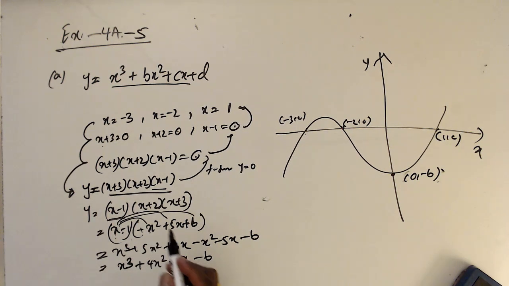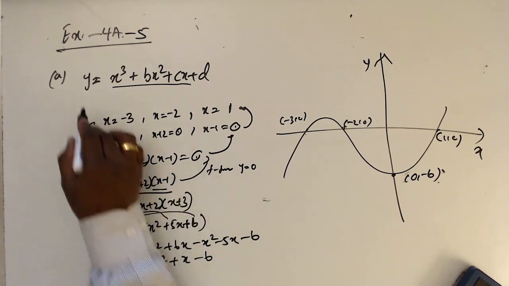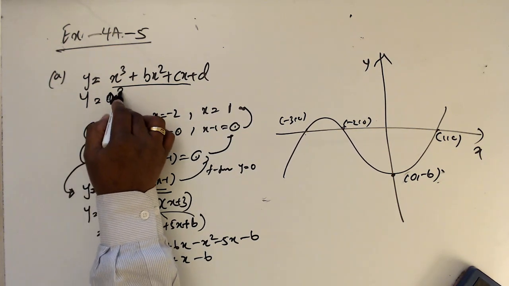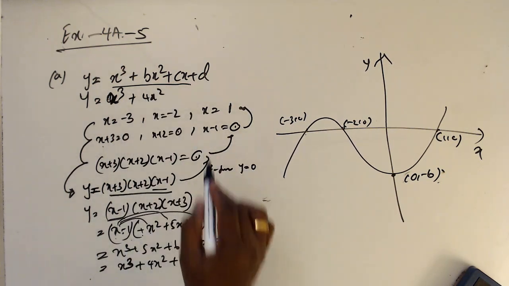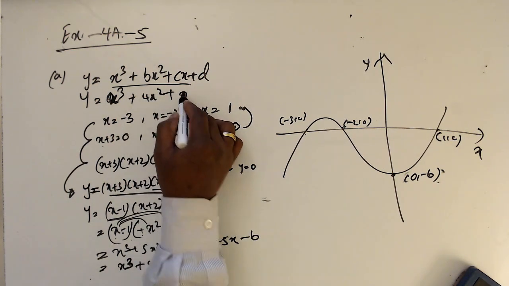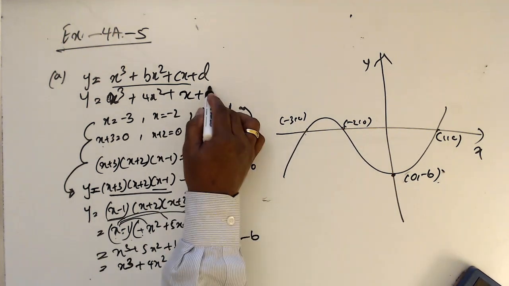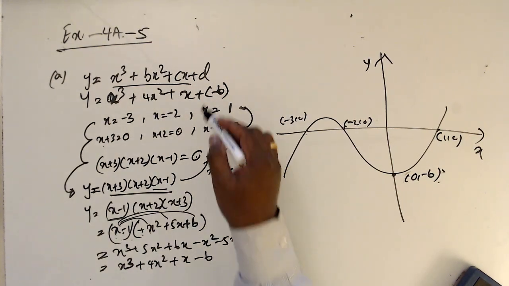Now you can match with this one. y equals x cubed plus 4x squared plus x plus minus 6.